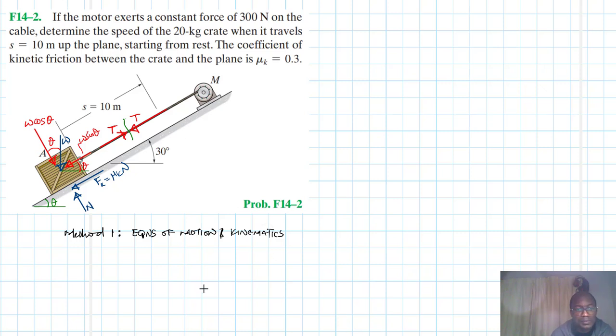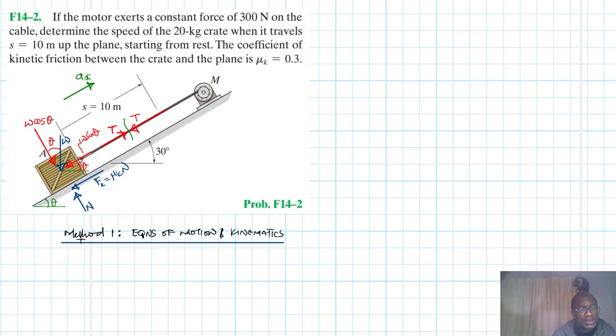So what do we have? Let's define what we have. Motion is in this direction, and we're going to call this our a x.